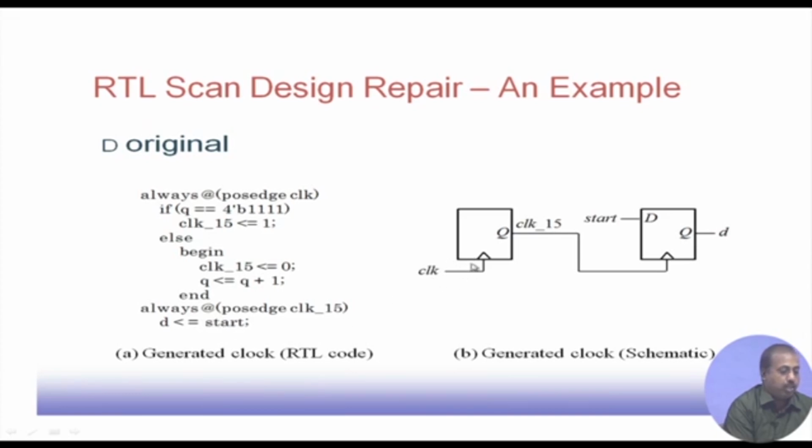So, this clock comes, and after this clock 15 line has become high, it will be acting as a clock for this d flip flop, and accordingly the start value will go to d.